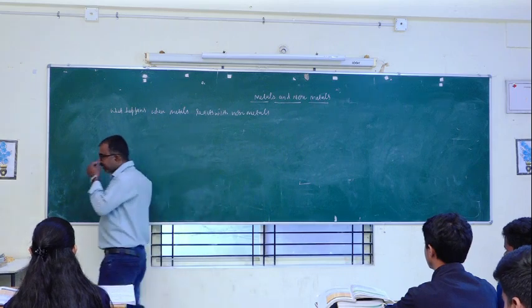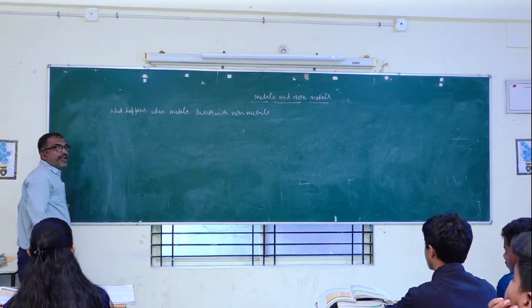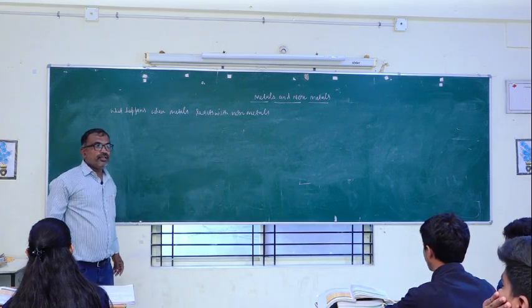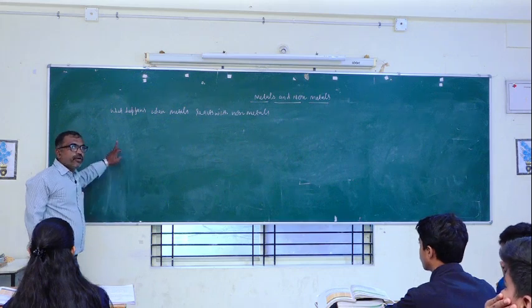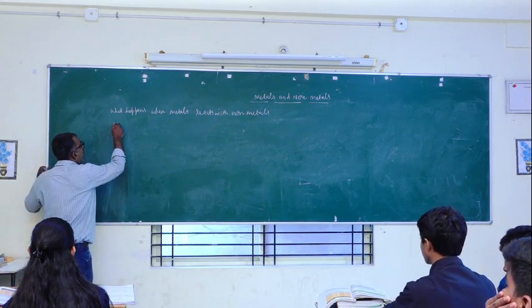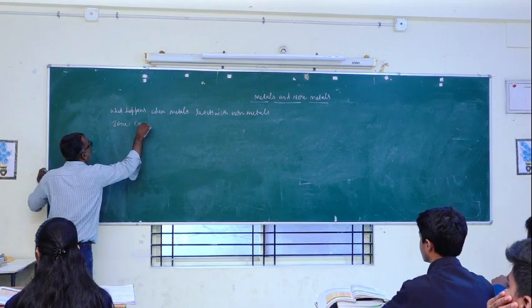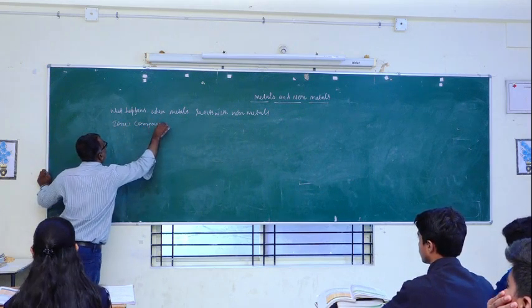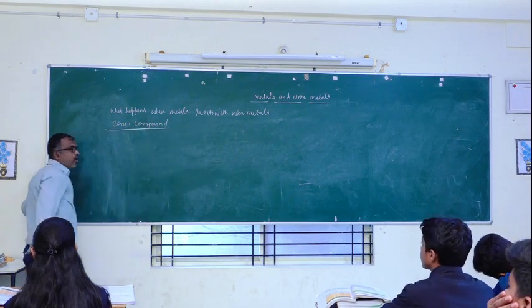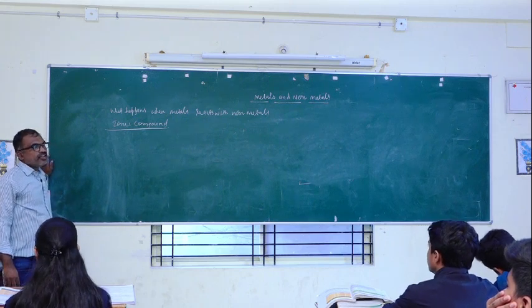What happens when a metal reacts with a non-metal? When a metal reacts with a non-metal, it produces a compound called an ionic compound.